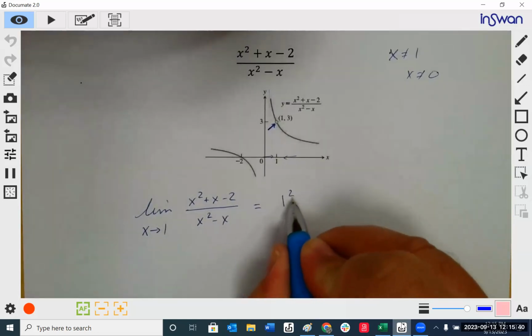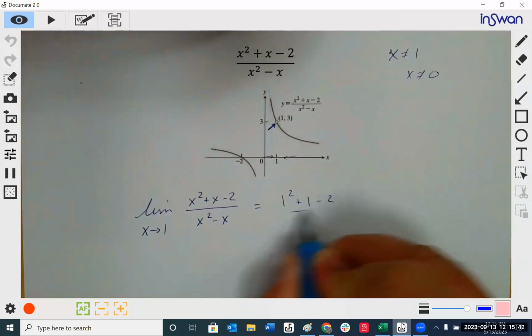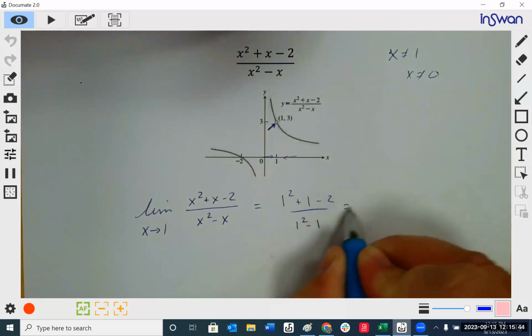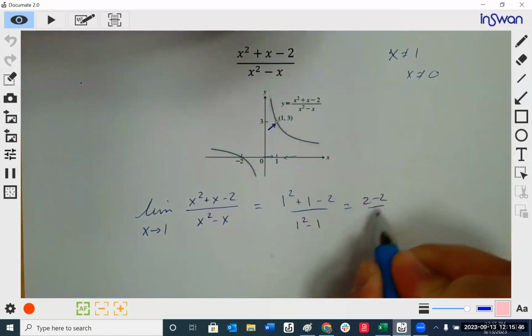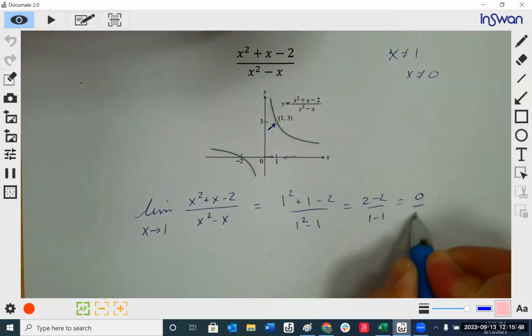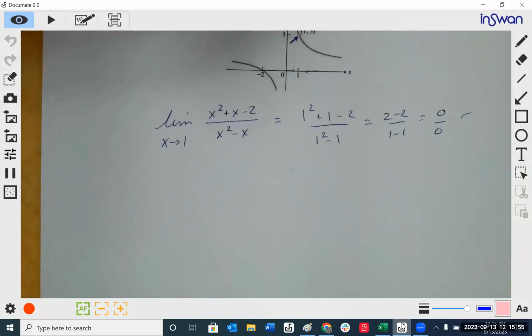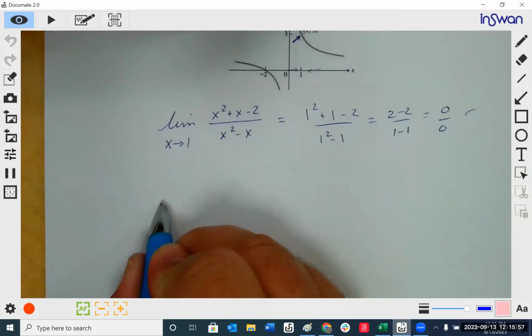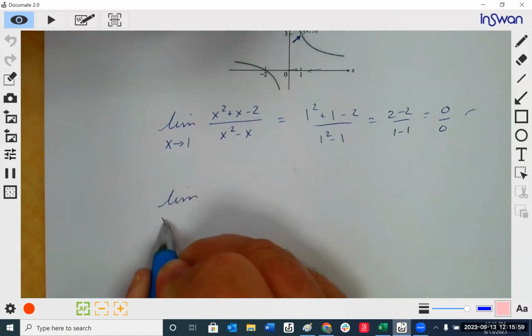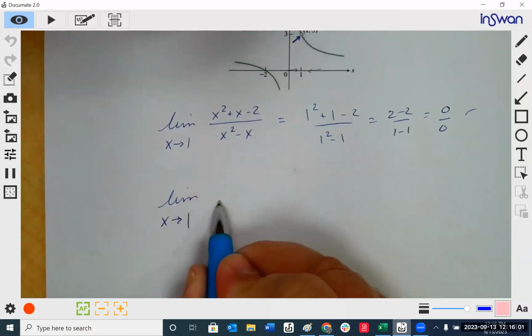We get 1 squared plus 1 minus 2, over 1 squared minus 1. So we get 0 over 0. That's the sign we're looking for, 0 over 0. So that tells us we should be able to factor something out.